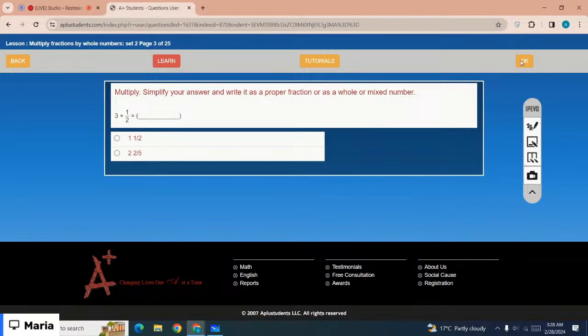Three times 1 over 2 is 3 over 2. And when you divide, the correct option is option number 1. The correct option is 1 whole 1 over 2. Got it?